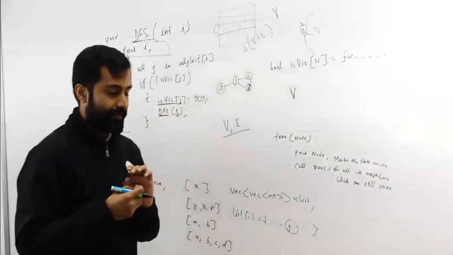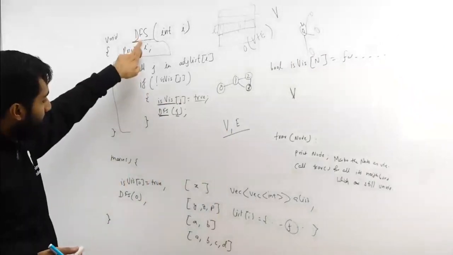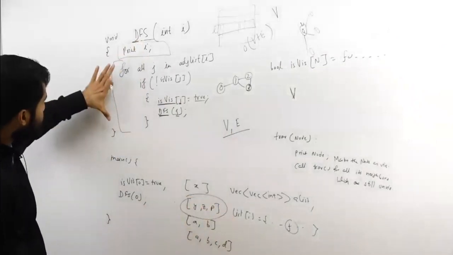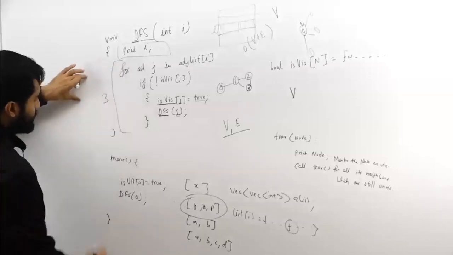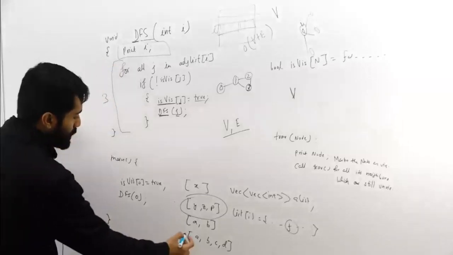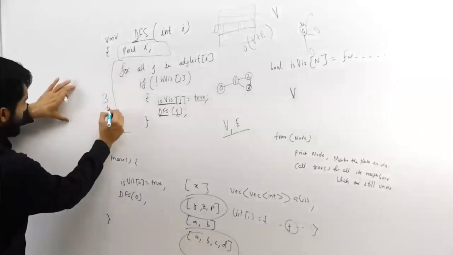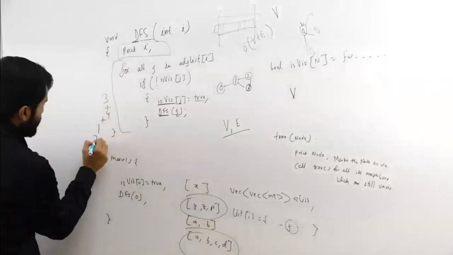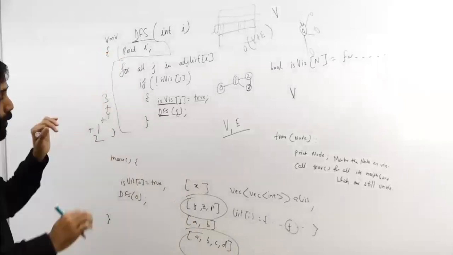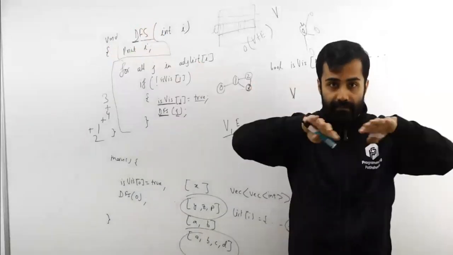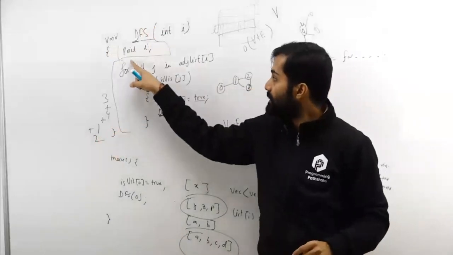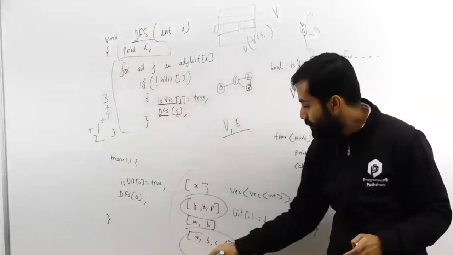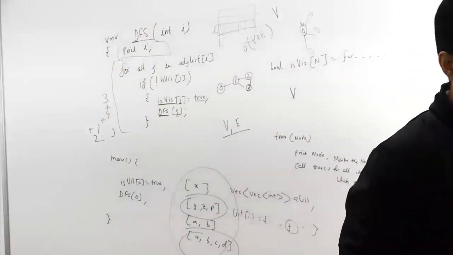Now keep looking very carefully. Let's say the first DFS call was made for the node whose list is this. It means this thing would have worked 3 times. Then the next DFS call was for this, so this thing would have worked 4 times. Then the next DFS call was for this, 1 time. And then for this, 2 times. So can I say that over the lifetime of the DFS recursion, this piece of logic will run as many times as the sum of sizes of the lists? Can I say that? Yes or no?